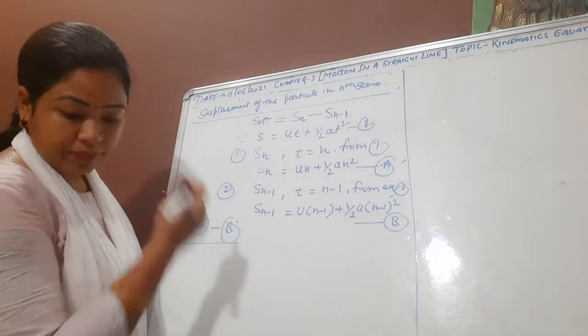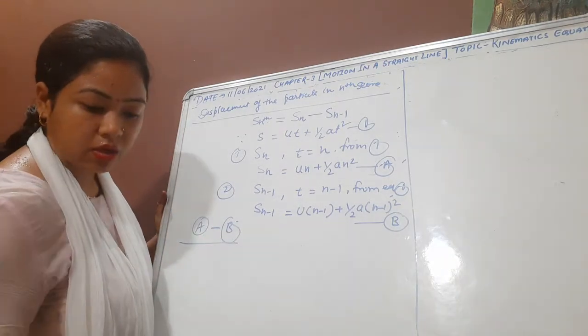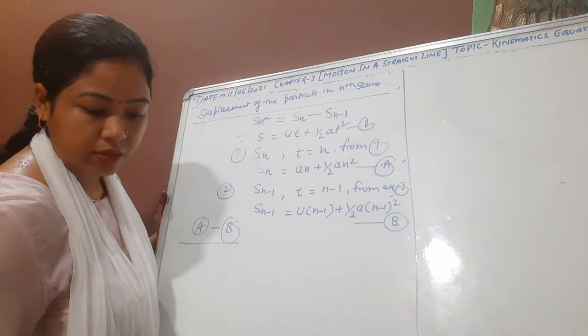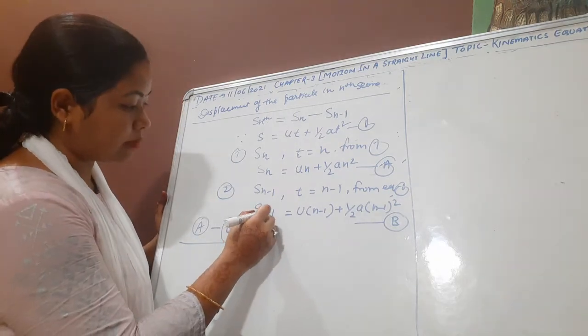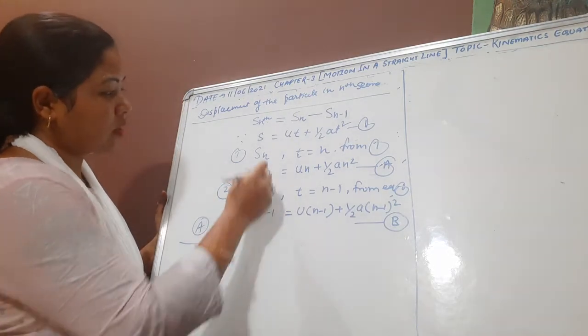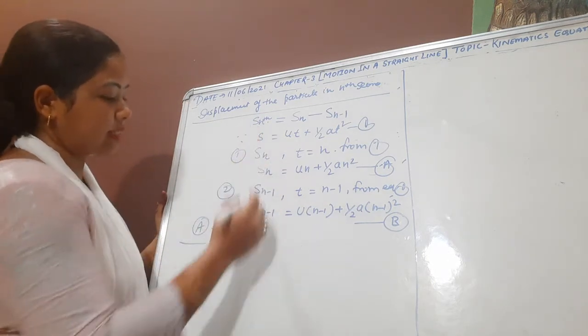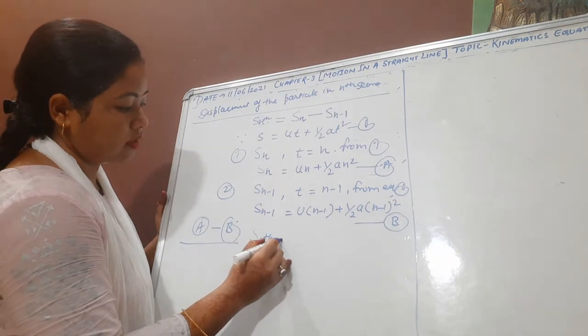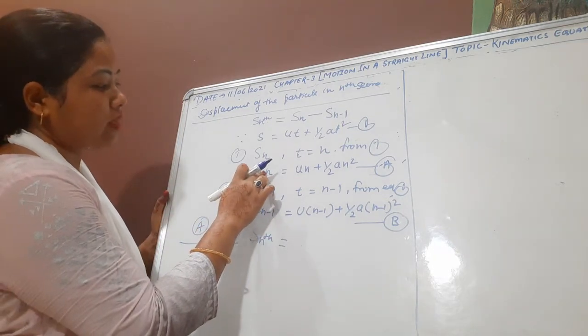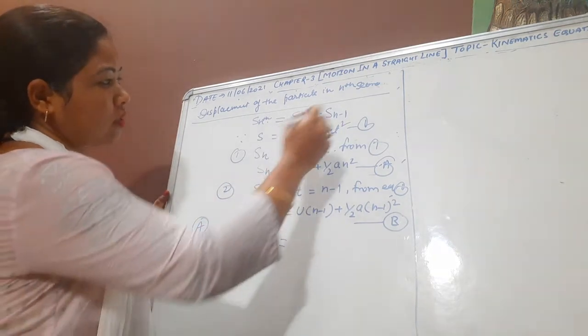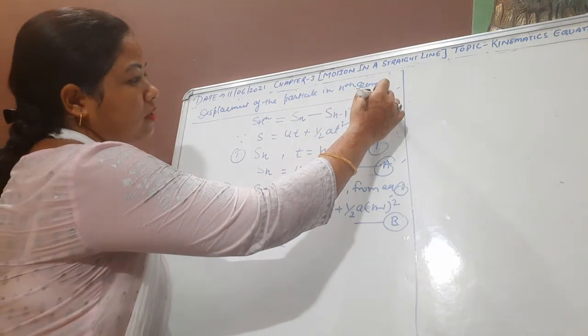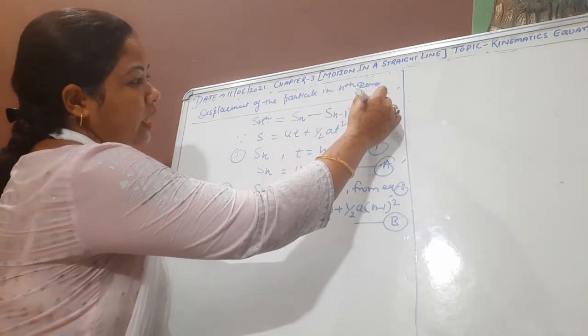When we do the subtraction, Sn minus S(n minus 1) will become the Snth, right? So what is the value of Sn? From the equations, we can write down equation number x.